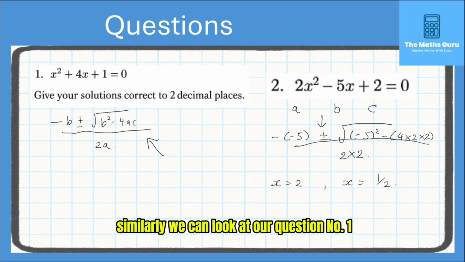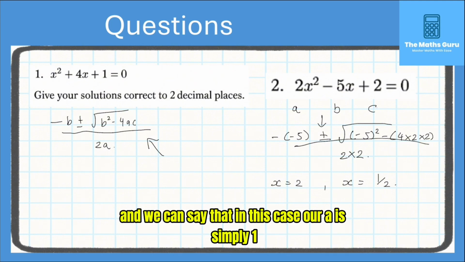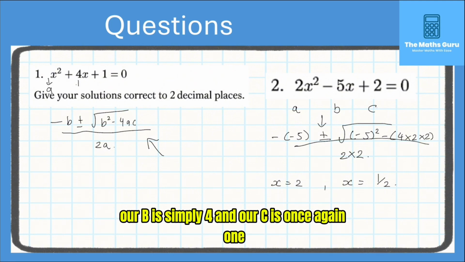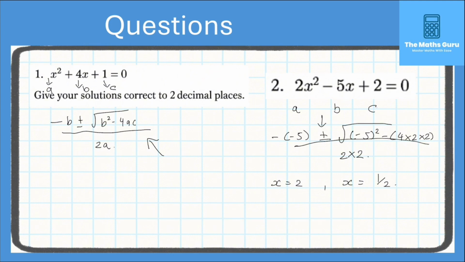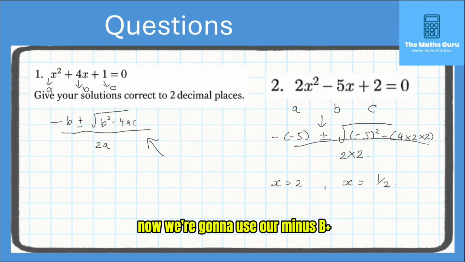Similarly, we can look at our question number 1, and we can say that in this case, our a is simply 1, our b is simply 4, and our c is once again 1. Now we're going to use our minus b plus or minus the square root of b squared minus 4ac over 2a to solve for x.